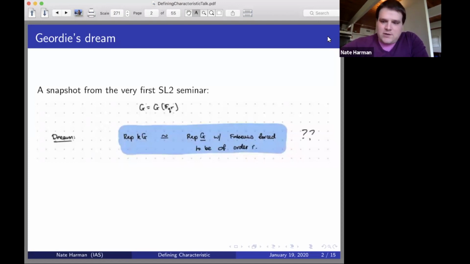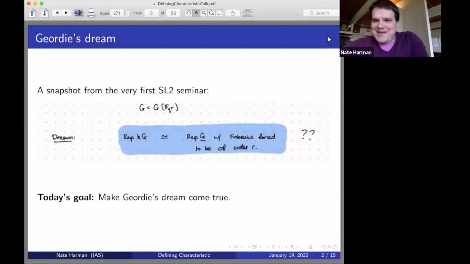So really the goal that I want to explain today is to make Jordy's dream come true. I want to explain a sense in which this is true, and why this is not just a good guiding idea to have in mind when you're thinking about representations in defining characteristic, but a literal, precise theorem that we can state.